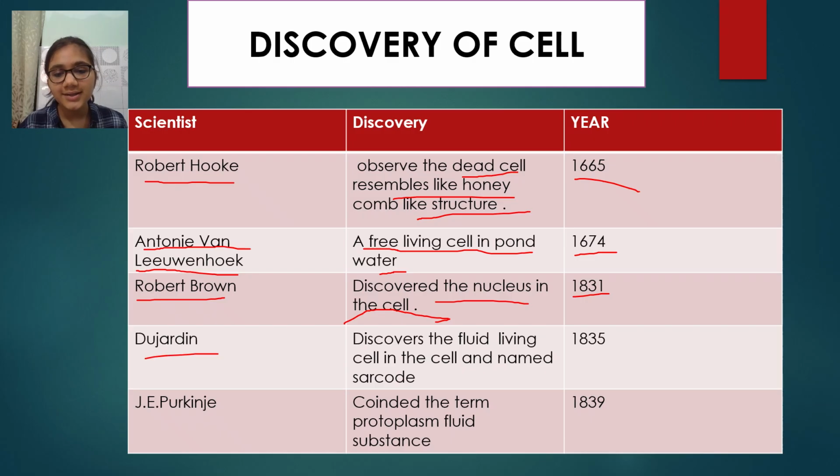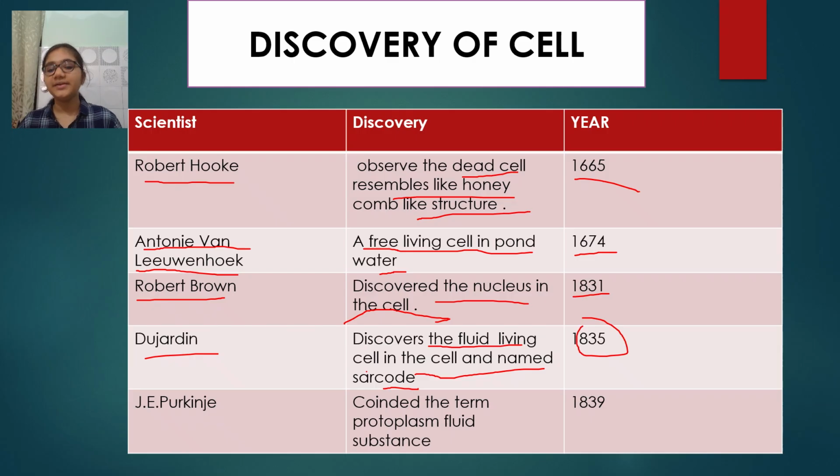Dujardin, in the year 1835, discovered the liquid substance in the cell and named it sarcode. Today we say that in the cell there is present protoplasm. Earlier, in ancient times, it was known as sarcode.